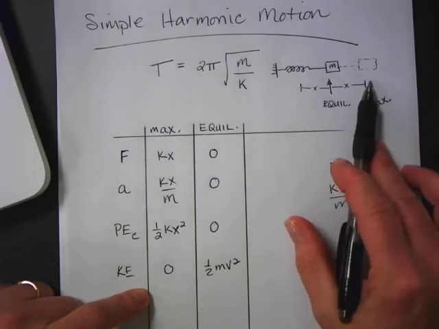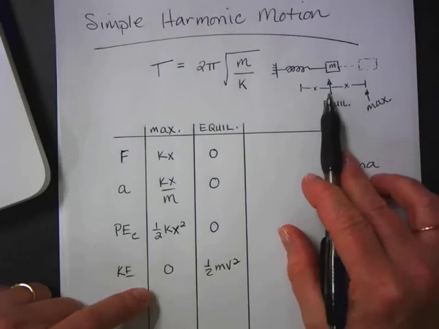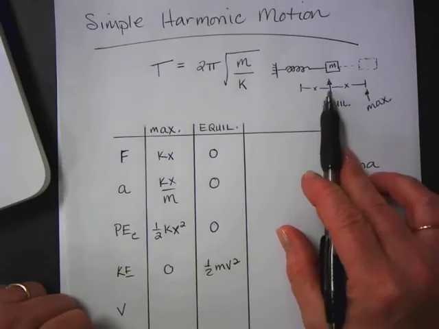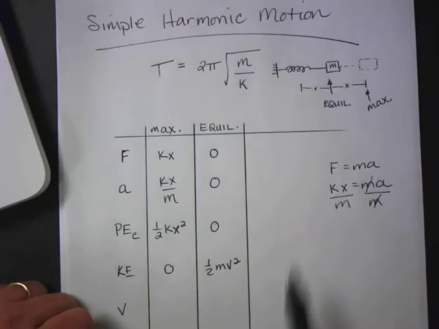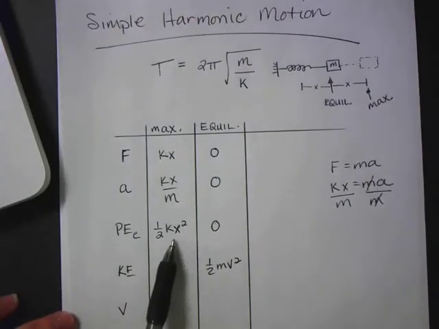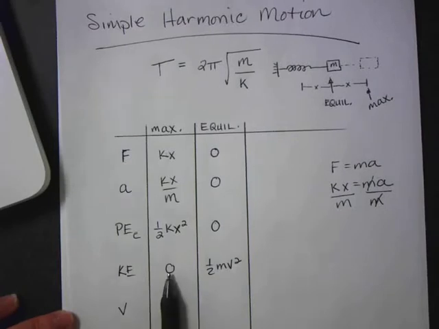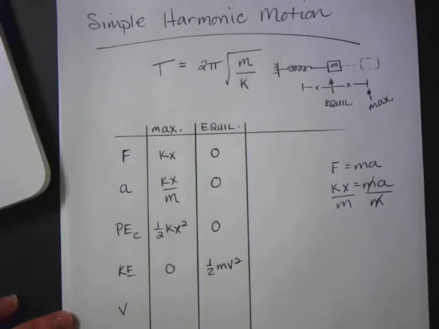And the reason for that is, at maximum, that's where it stops. So we pull it, it stops, we release it, speeds up. It's all kinetic right here in the middle, slows down, stops again, 0 kinetic, maximum potential. So these two, of course, are going to go back and forth between the maximum stretch and the equilibrium spot.